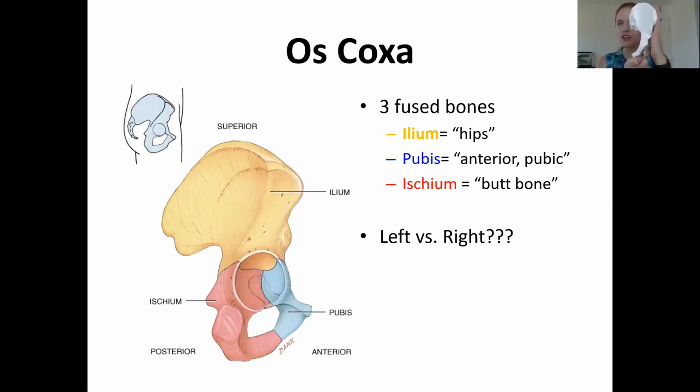So this is the lateral side, and the side with no acetabulum is going to be the medial side. So if you have your pubis in front, your ischium in the back, and your acetabulum on that side, this would be the left.